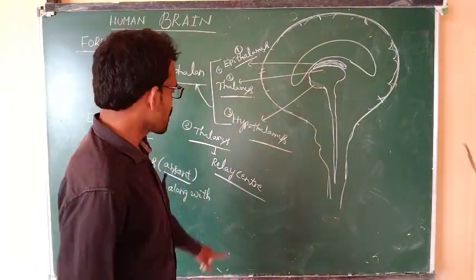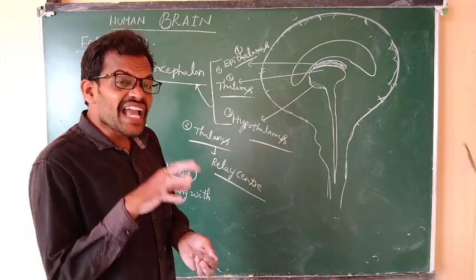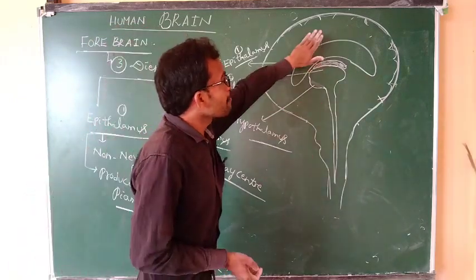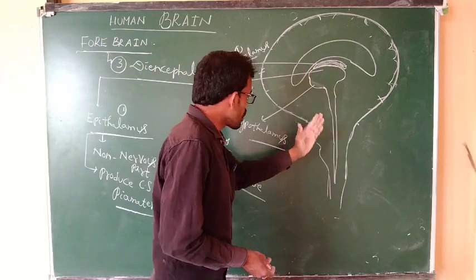What is the meaning of relay center? The information is passed from the upper part of the brain to the lower part of the brain.